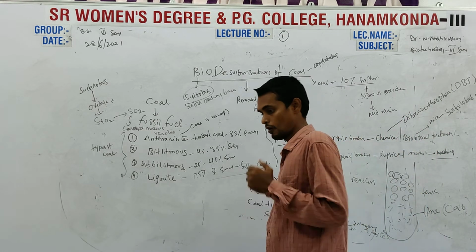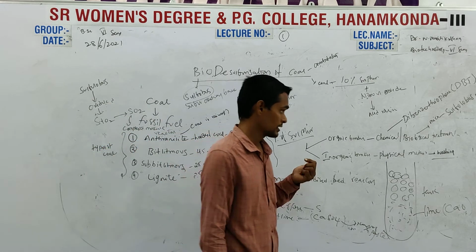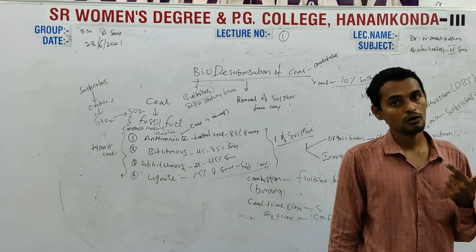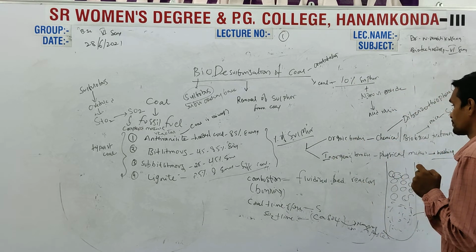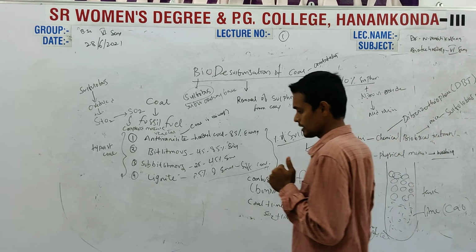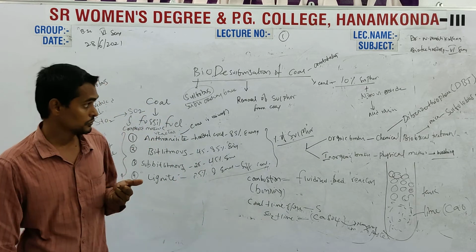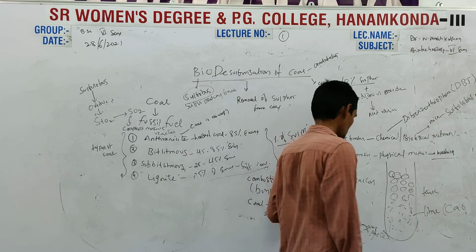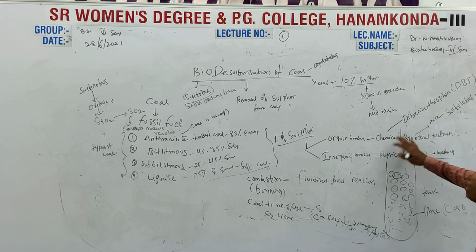If we want to remove the organic binding, we can adopt chemical or biological methods to remove the strong binding of sulfur attached to the coal. There is a chemical called dibenzothiophene, which removes the sulfur from the coal, which comes under chemical treatment of desulfurization.